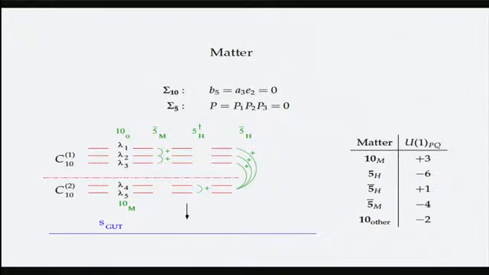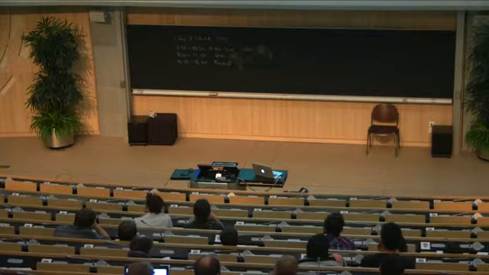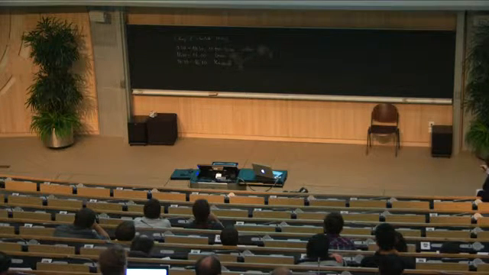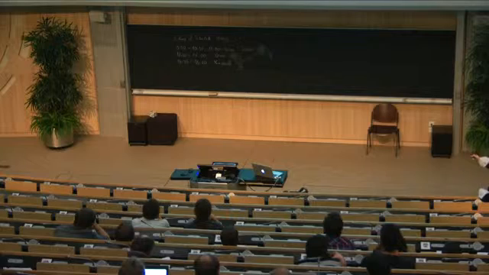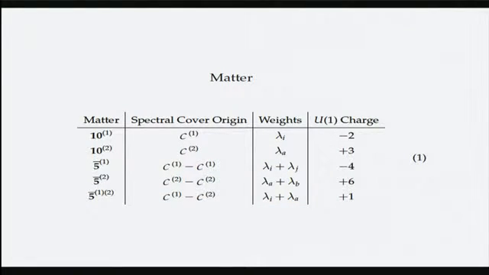We can also check that the 10-10-5 coupling and the 5-bar-5-bar-10 couplings are okay, so the Yukawa couplings are fine, and there will be no Q-cubed-L coupling. So just by looking at this refined spectral cover, we obtain an assignment for each one of these representations, which will carry some weight under the SU5 perp. And effectively, that allows us to read off, from all the couplings that we can generate in this framework, some U1 charges.